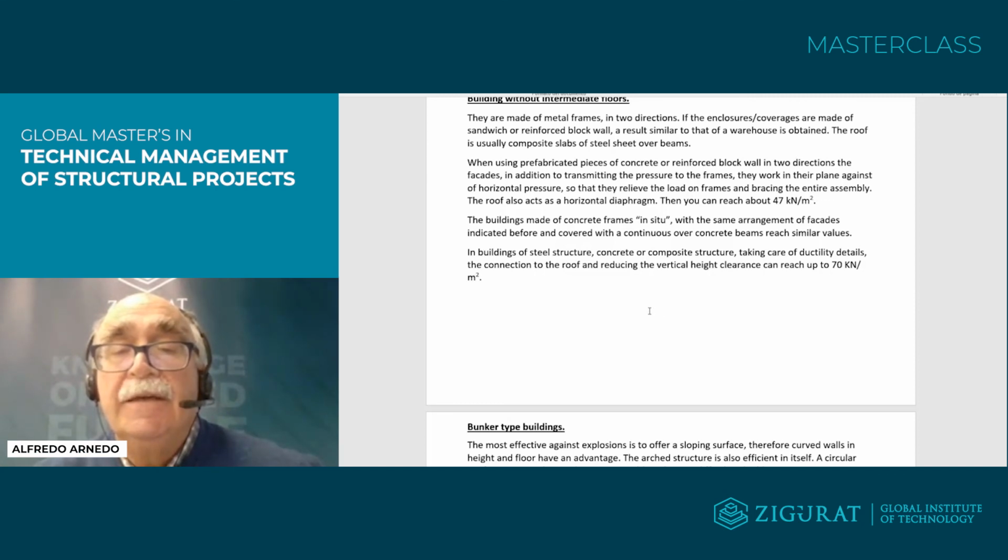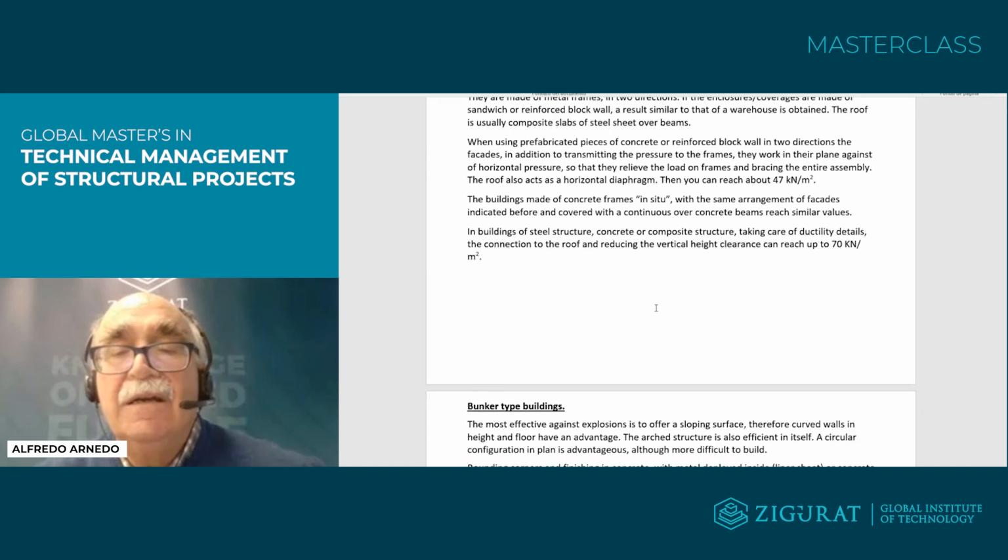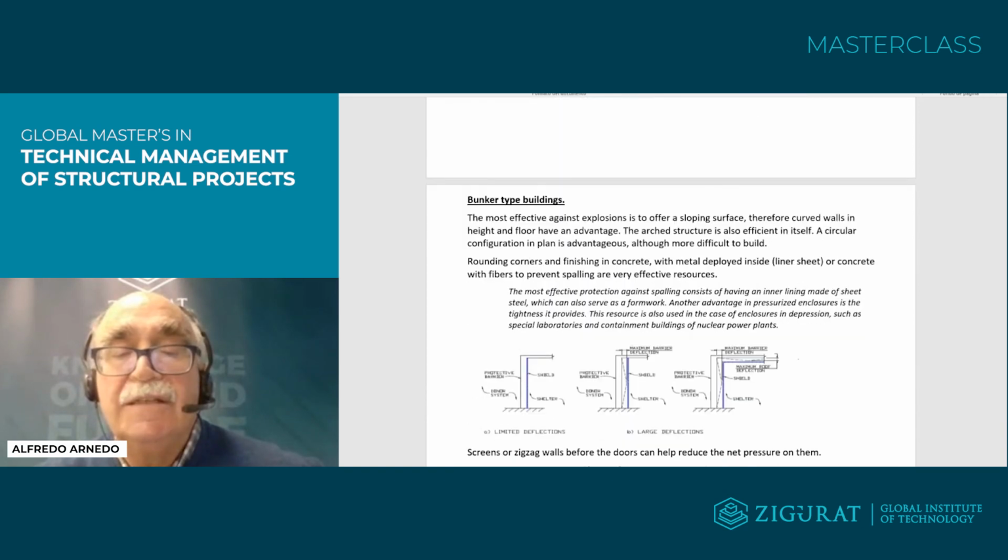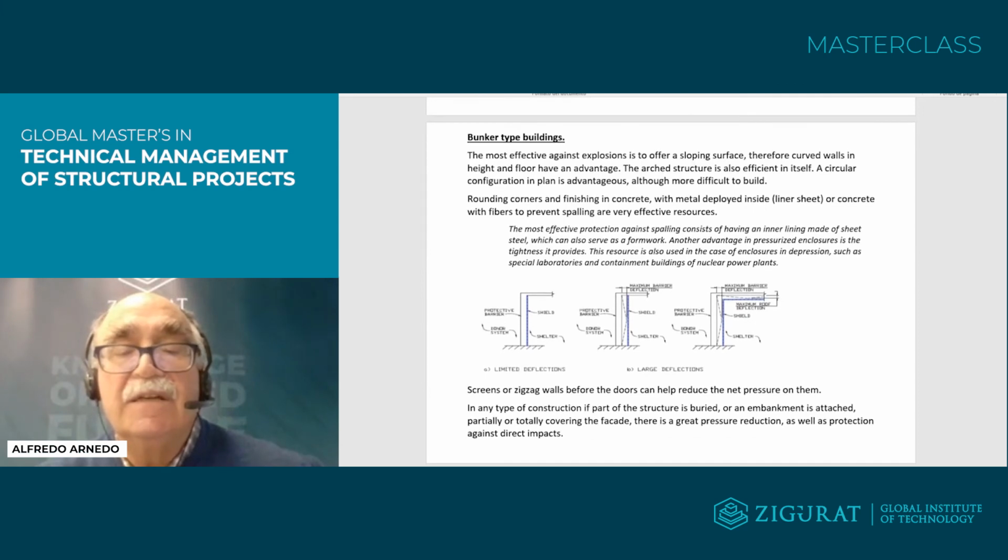So the exterior walls can play the role of a diaphragm and brace the whole building. And if you take care about the doors and the windows, we can reach about double, about 47 kilonewton per square meter.